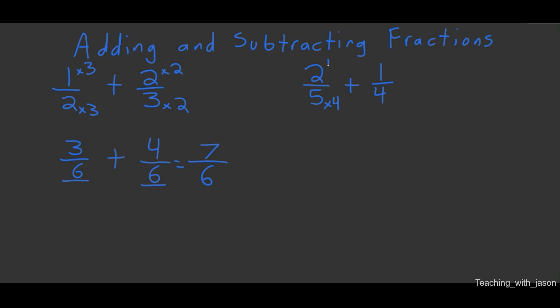So we end up multiplying by the other denominator. And 2 times 4 gives us 8, with a common denominator of 20. 1 times 5 is 5, and 20. Well, 8 and 5 ends up giving us 13, and our denominator stays the same, so we have 13/20.